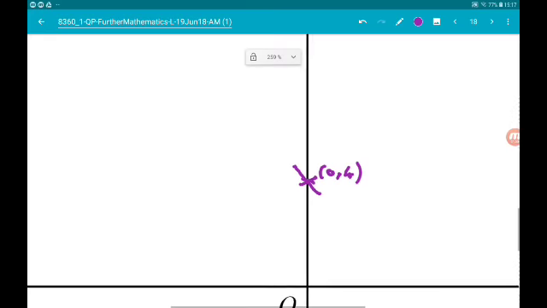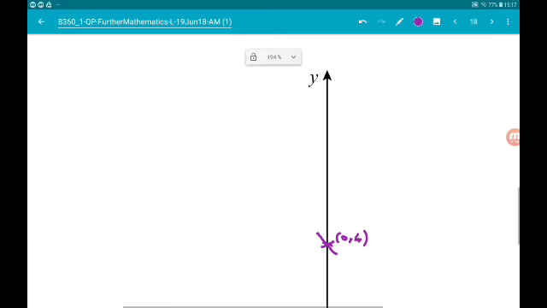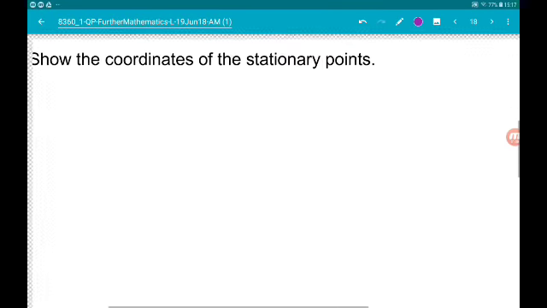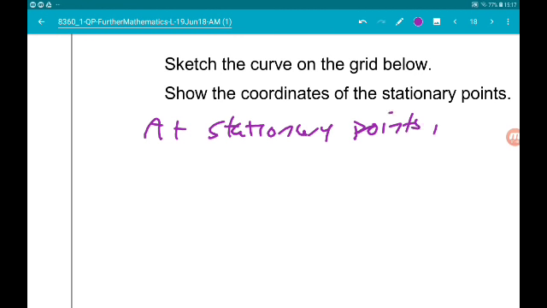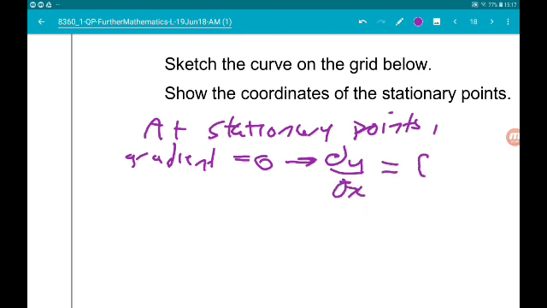Okay, now, at stationary points, the gradient is equal to 0. So that means dy by dx is equal to 0.